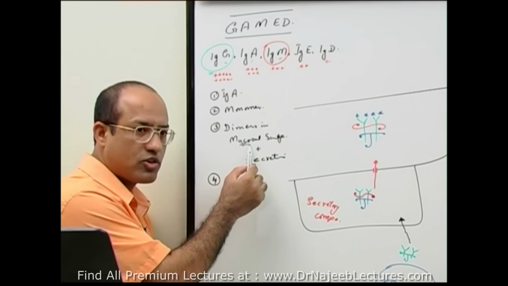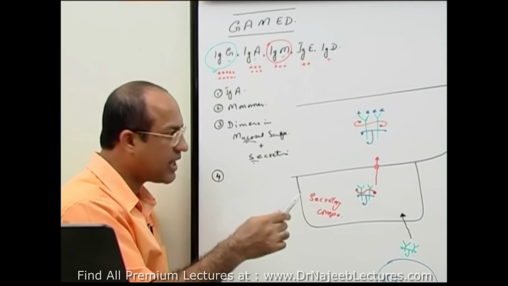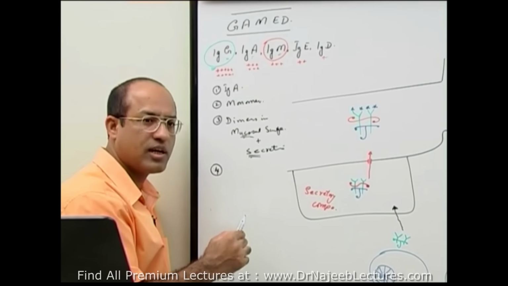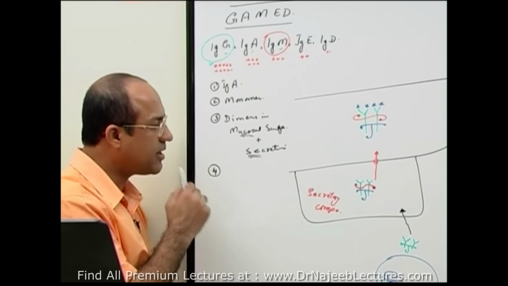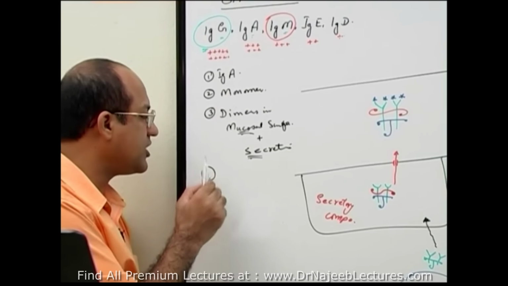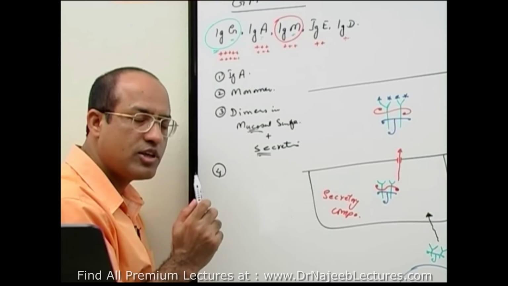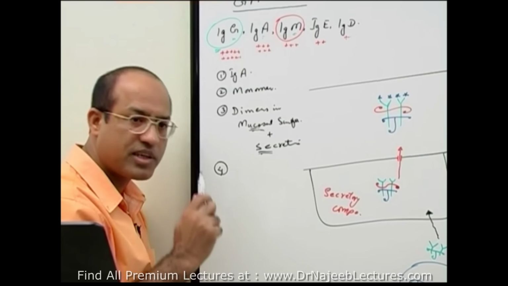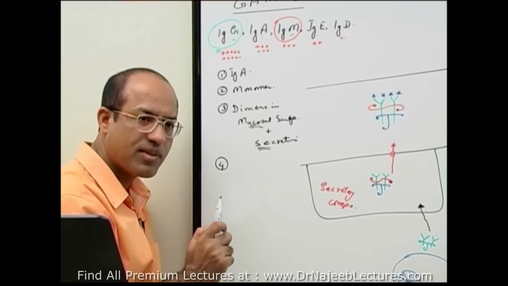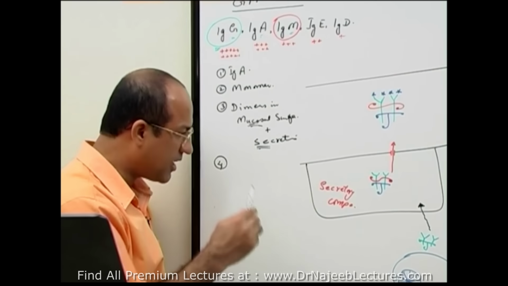So it is applied in high concentration on the mucosal lining. It is present in high concentration in all body secretions including milk and colostrum. And another important thing about IgA is that it does not activate the complement by the classical pathway, but it can activate the complement by the alternative pathway.